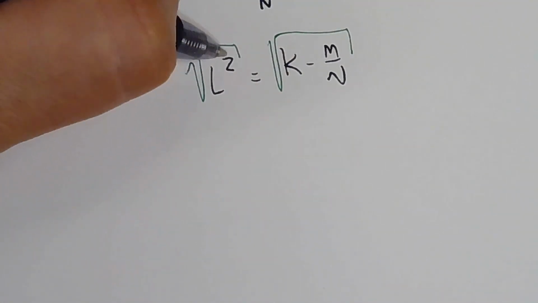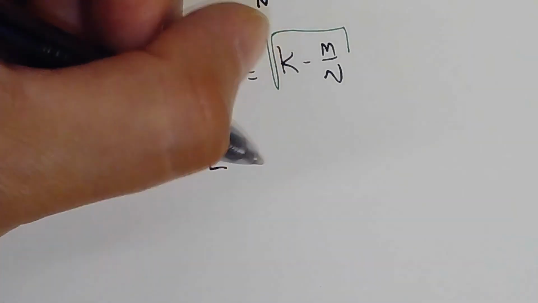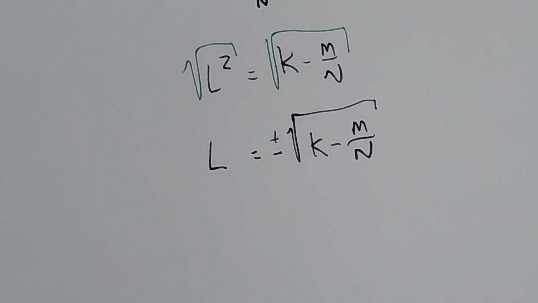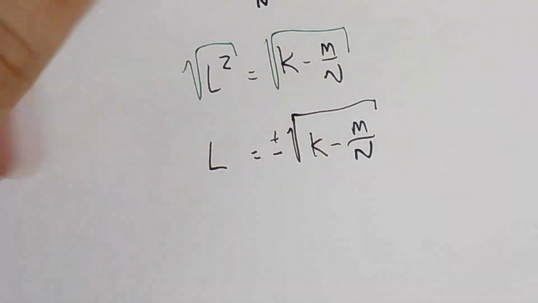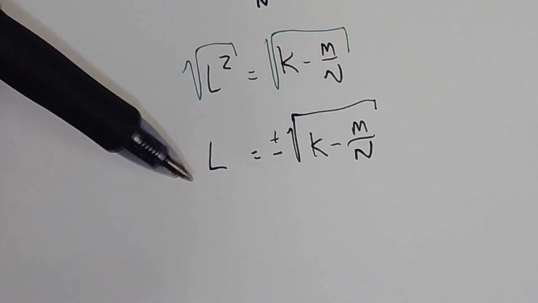So the square root of L squared is just L. And then the square root of this term, generally speaking, I encourage kids to write a plus or minus in front of that. And we can leave it like that. That's it. So the argument here is that if we take the square root of one side, we take the square root of the other side.